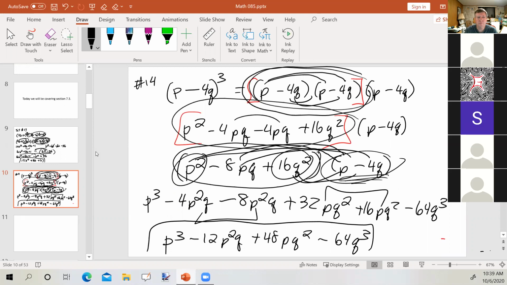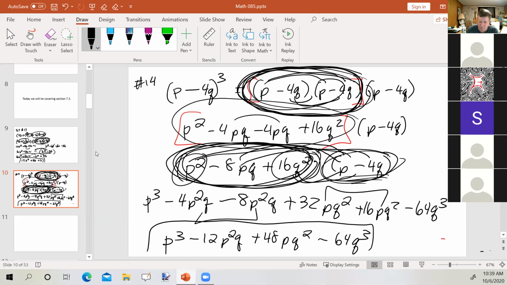So after you've already used FOIL for the first two binomials of the equation, then you do it again with the third one. Well, yeah, you take this and multiply it together to get this. Then you take that times the last one.